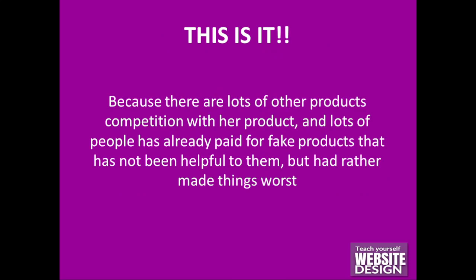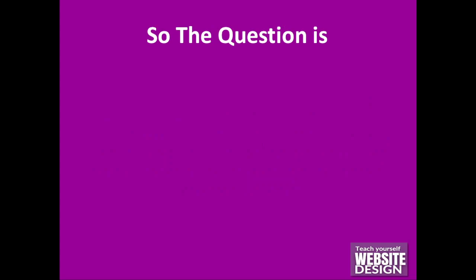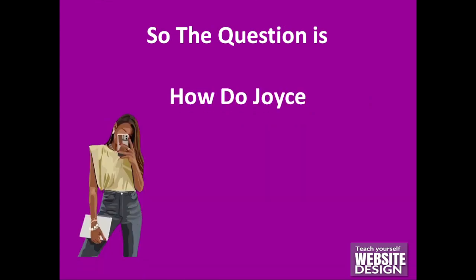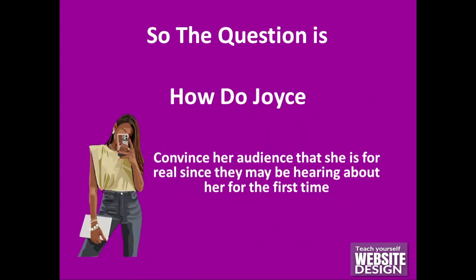There are lots of other products in competition with her product, and lots of people have already paid for fake products that have not been helpful for them, but have rather made things worse. So the question is, how does Joyce convince her audience that she is for real, since they may be hearing about her for the very first time?